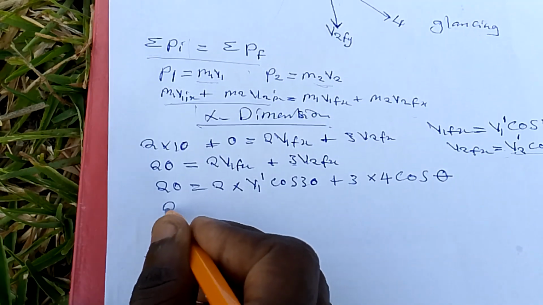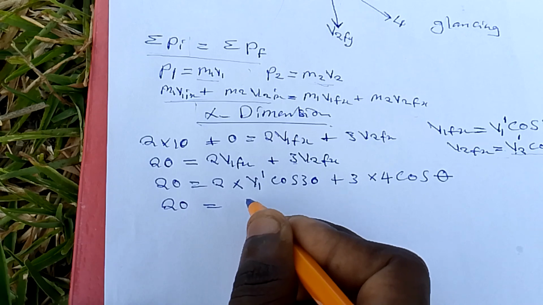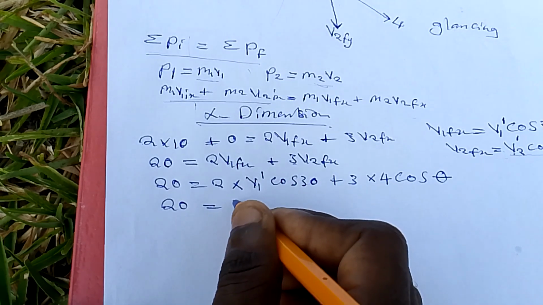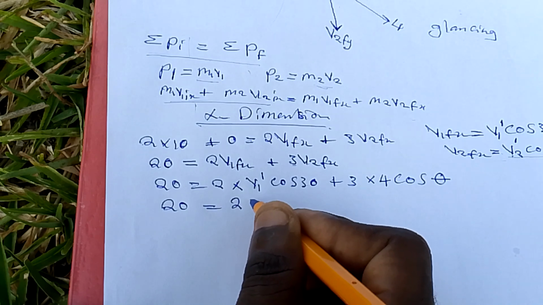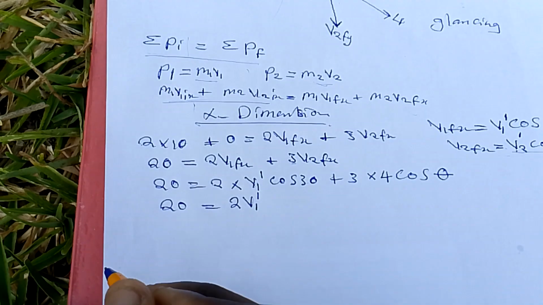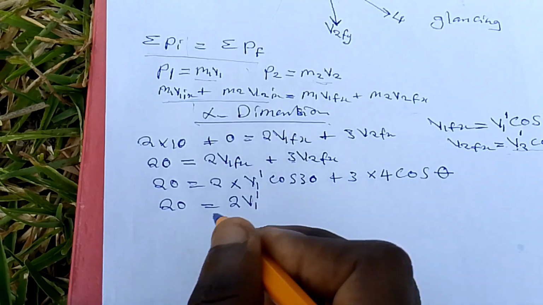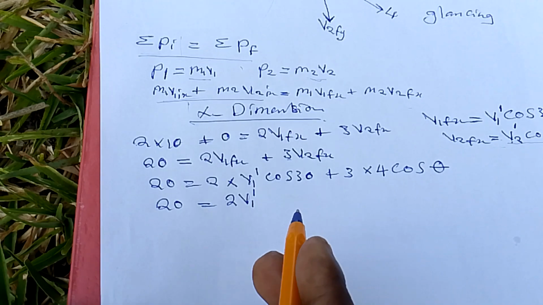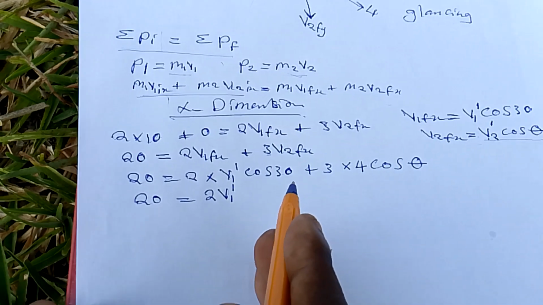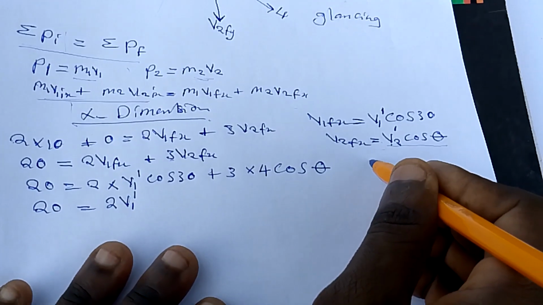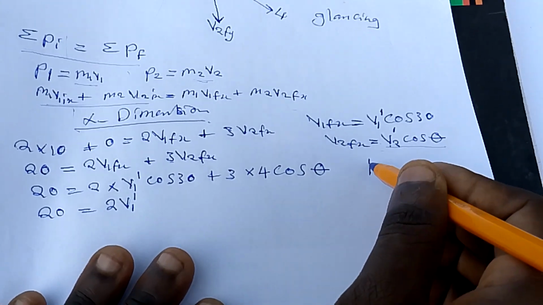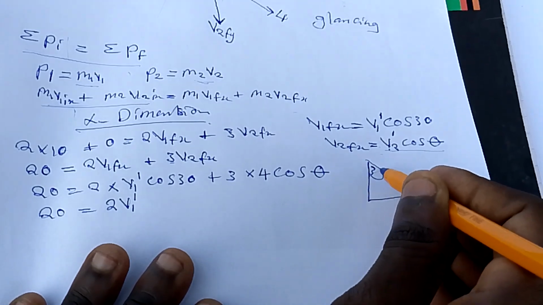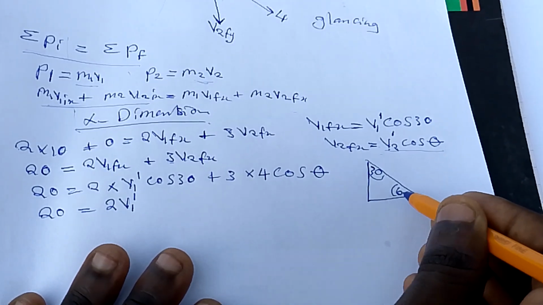Now here we can simplify. We can have 20 equals, what is cos 30? So we can have 2 times v1 prime cos 30. Remember, what is cos 30? 30 is a special angle. So if you draw this triangle, in case we don't have a calculator, here we are going to have 30, here we are going to have 60.